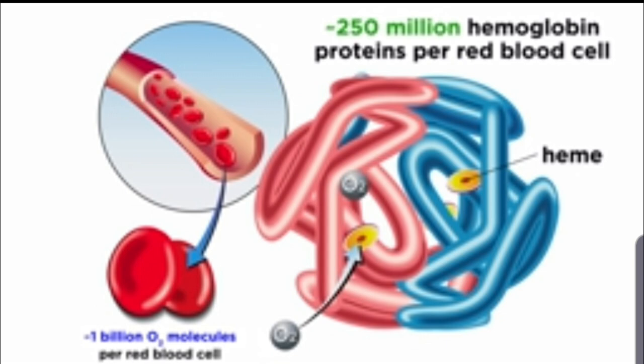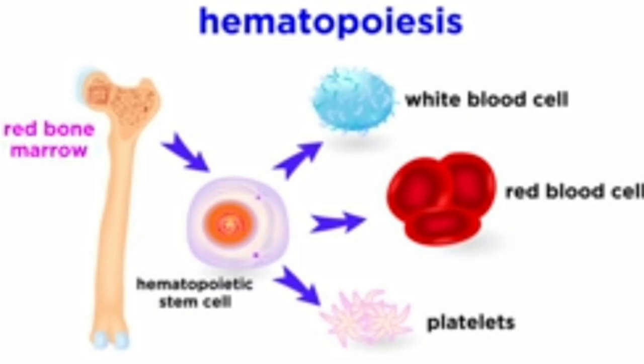Blood cells are produced through a process called hematopoiesis, and this occurs in the red bone marrow, which is a soft network of connective tissue found on certain blood capillaries, which contains hematopoietic stem cells for erythrocytes, specifically called erythropoiesis.